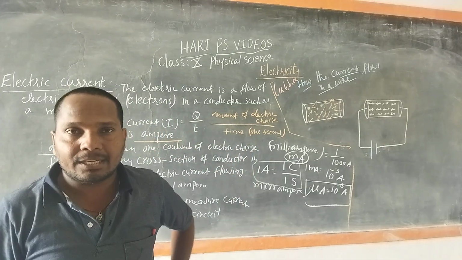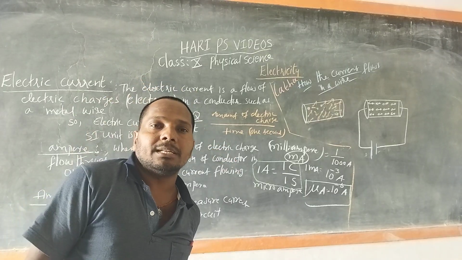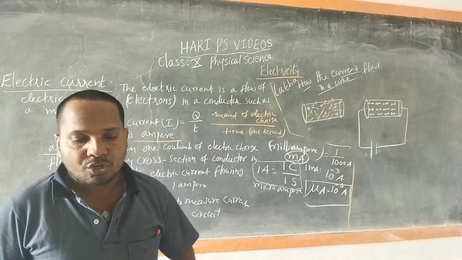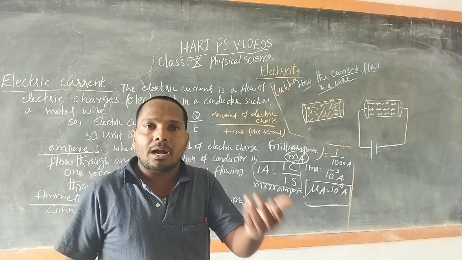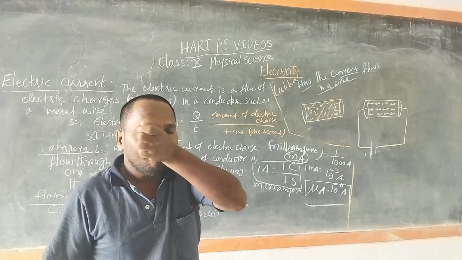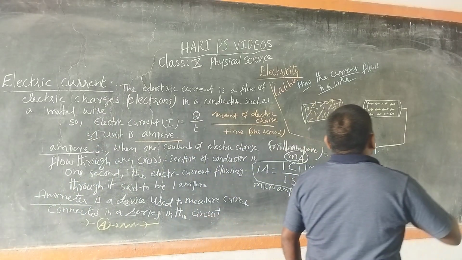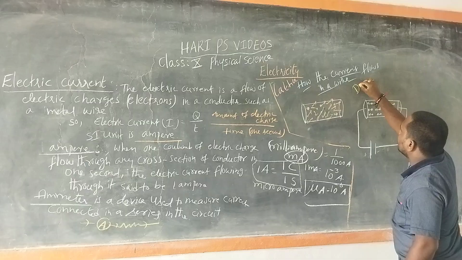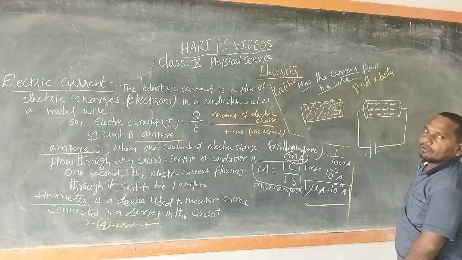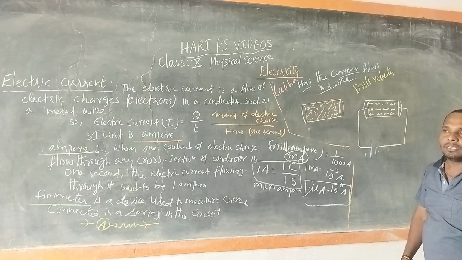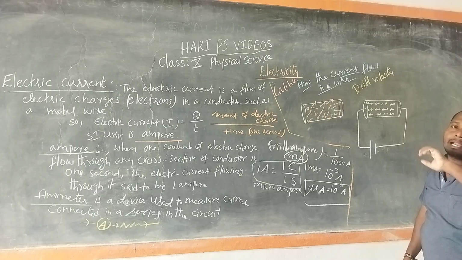So the electrons, the negative charges, flow in a metallic wire or metal conductor with a constant average speed or average velocity. That average speed or average velocity of the electrons is called the drift velocity. Drift velocity is the average speed and average velocity of electrons in a conductor.